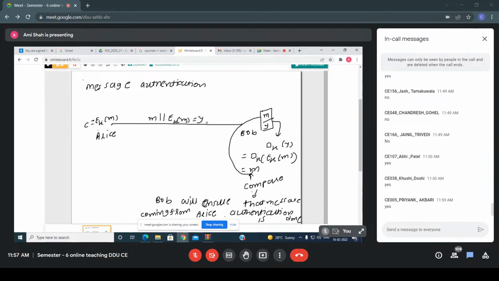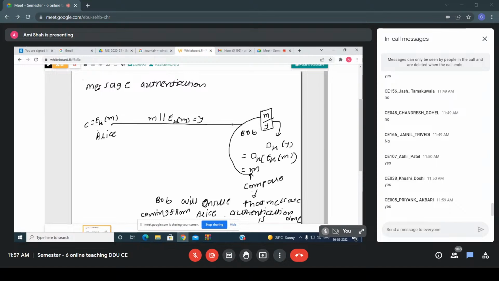Here we are not bothering about the confidentiality of the message. Right now I'm interested only in authentication, but there is an issue: the message is becoming public, and when you are sending the message like this, we are not bothering about its confidentiality.